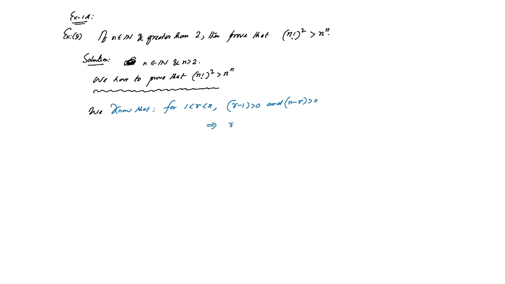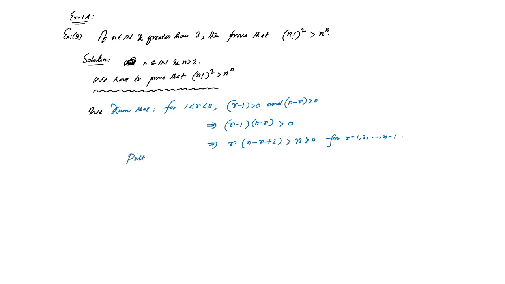From this result we can write that the product (r-1)(n-r) is greater than 0. So that means r(n-r+1) is greater than n, and n is greater than 0, for r equals 1, 2, up to n minus 1.